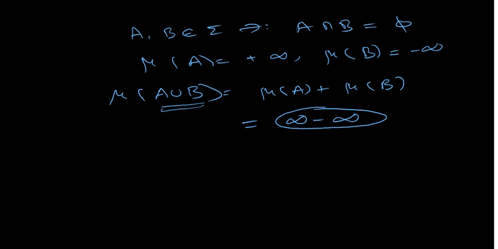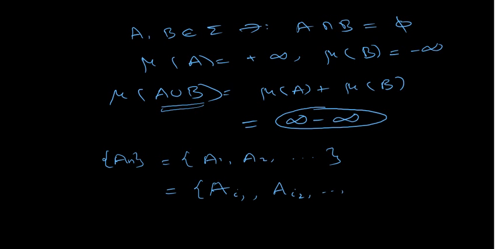And one more thing you can see from the definition. Given a disjoint sequence A n, equal to A1, A2, and so on, suppose this collection is the same as A i1, A i2, and so on, up to infinity, where i is a permutation.